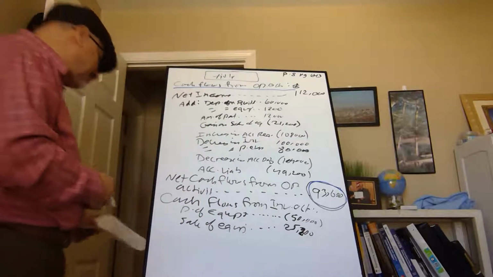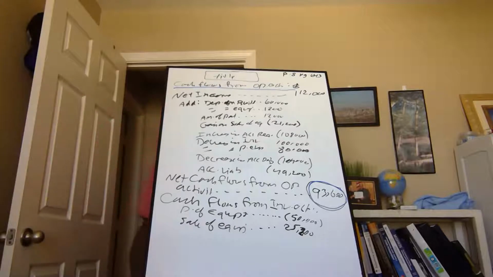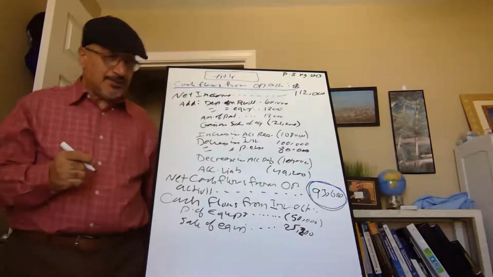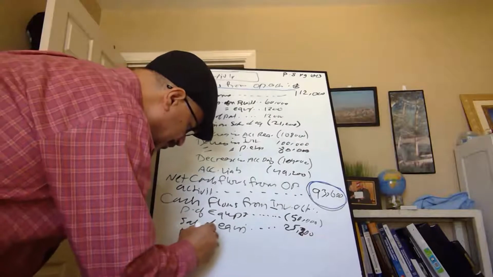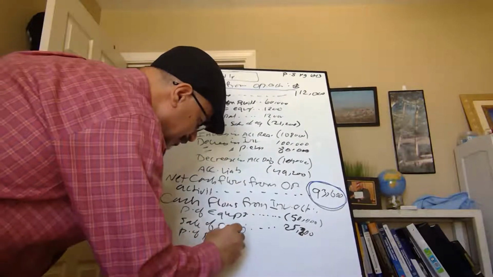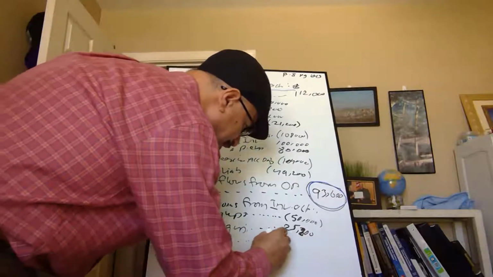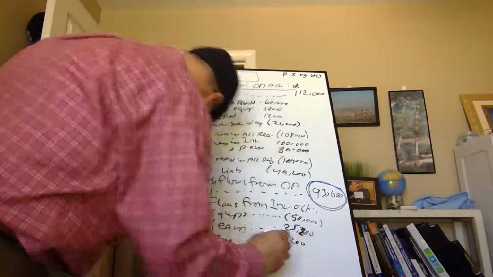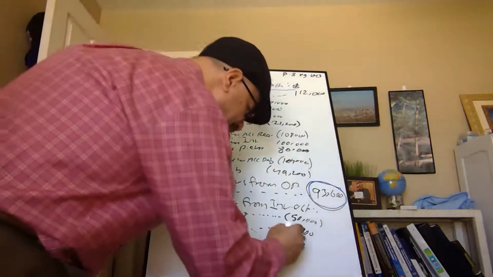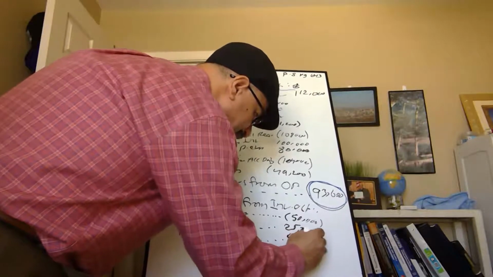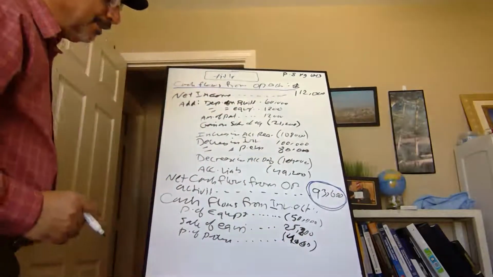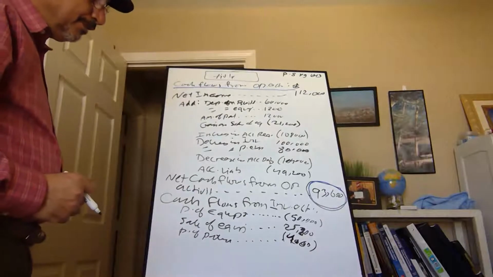Let me see what else. Oh, we purchased a patent, 4,000. Purchase of a patent, 4,000. That's a negative. 4,000 is a negative.